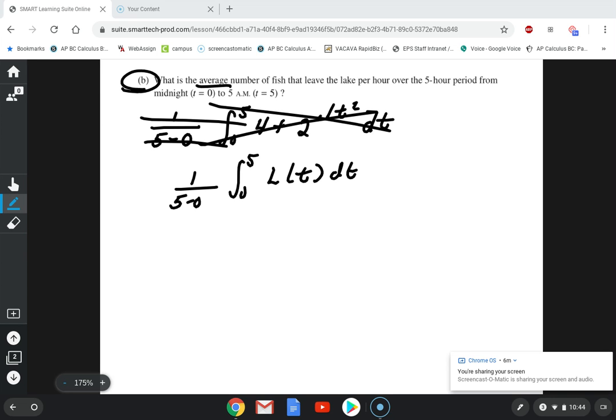Then using your calculator, you're going to find that that is 6.059.